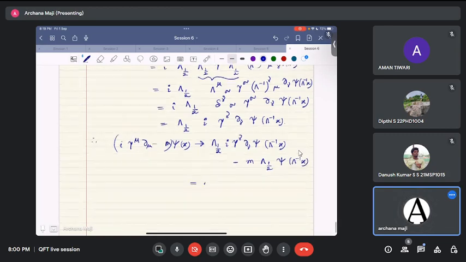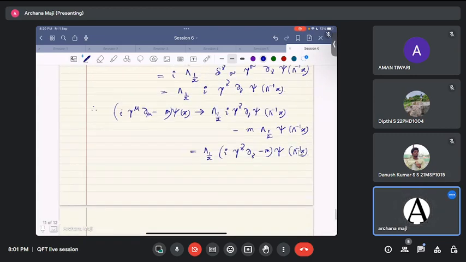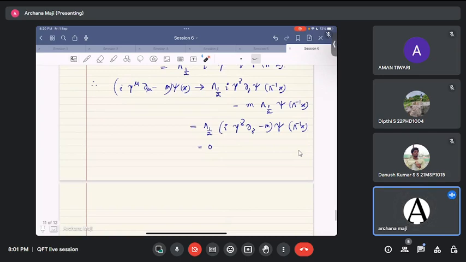So this is lambda half i gamma nu del nu minus m psi lambda inverse x, and this is equal to 0. Since we are getting this lambda half outside, that is why this is sometimes called Lorentz covariance instead of Lorentz invariance.